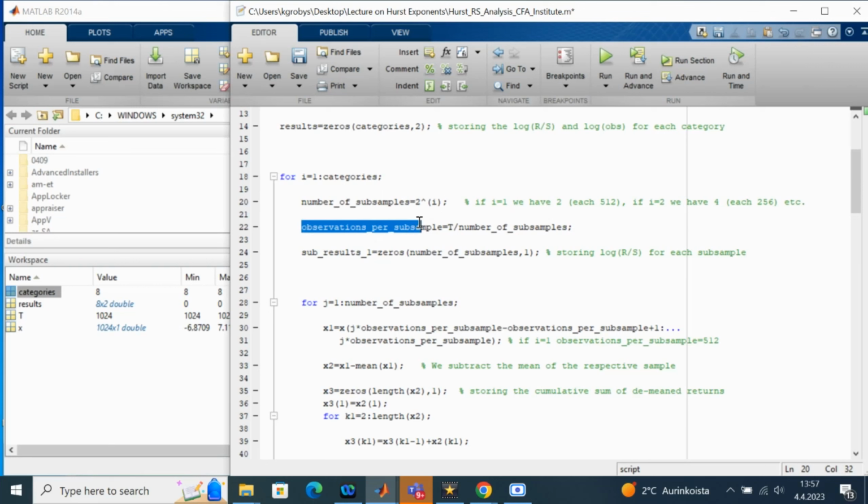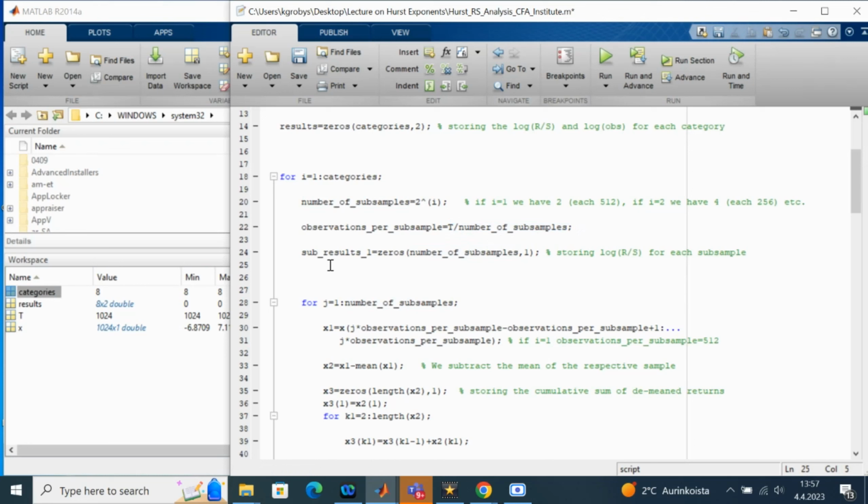So next, how many observations do we have per subsample? It's, for us, of course, self-evident. It must be 512, but the computer doesn't know that. We have to define it here as capital T divided by the number of subsamples. Since in the first iteration, the number of subsamples is 2, and capital T is 1024, it follows that the observations per subsample must be 512.